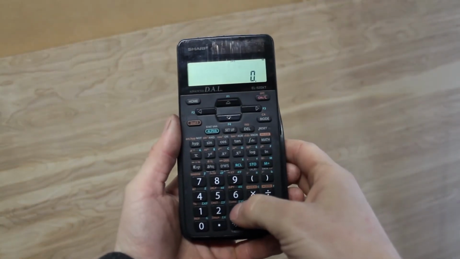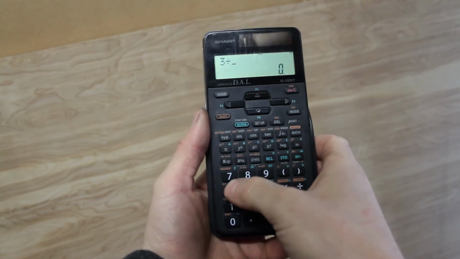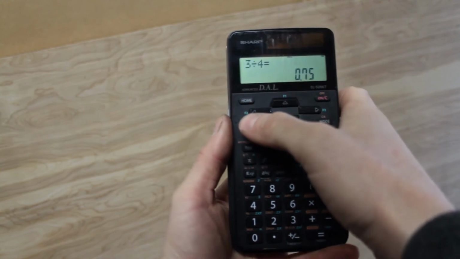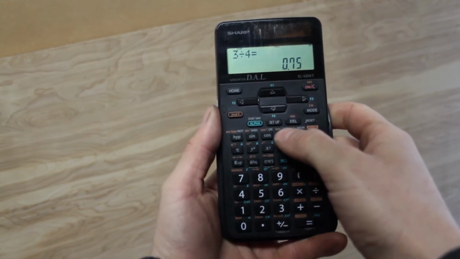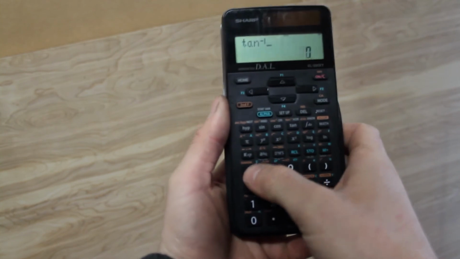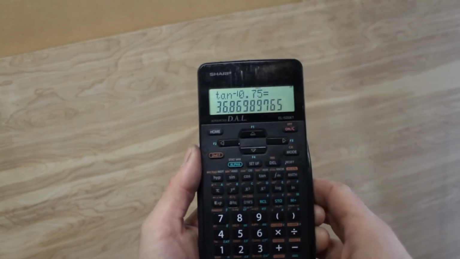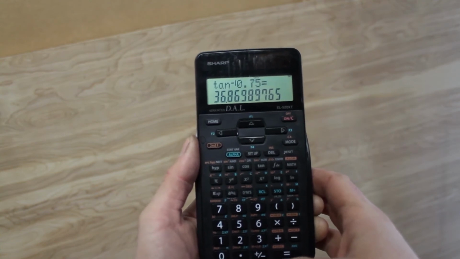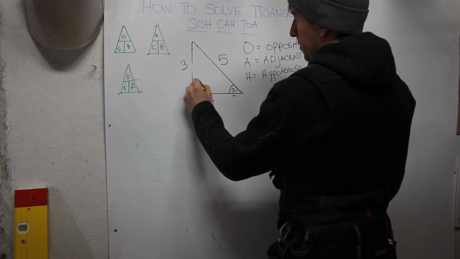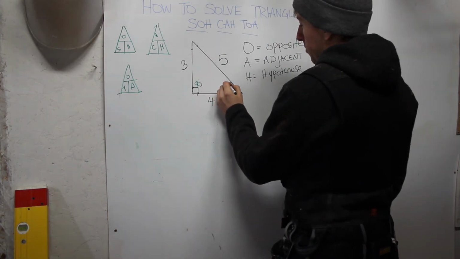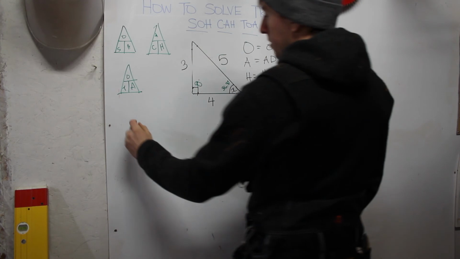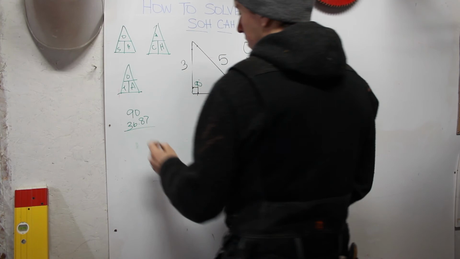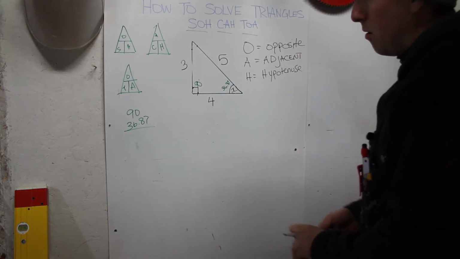Okay, so we have our opposite over our adjacent is 0.75, and then we go second function tan, 0.75 equals 36.869, which will round up to 36.87. This is 90. This is 36.87. So we have 90 and 36.87. Total of that is 126.87.